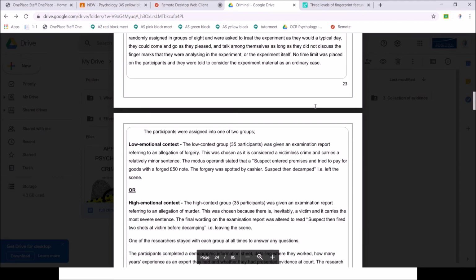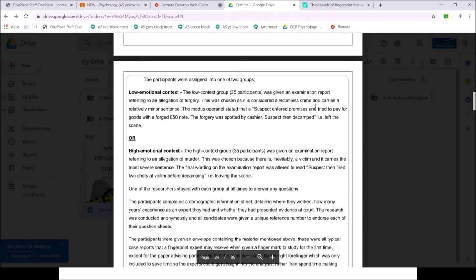In terms of the independent variable, that is whether they were given low emotional context or high emotional context. So in the low emotional context, participants were basically told that it was an act of forgery, which is what you'd consider a victimless crime.